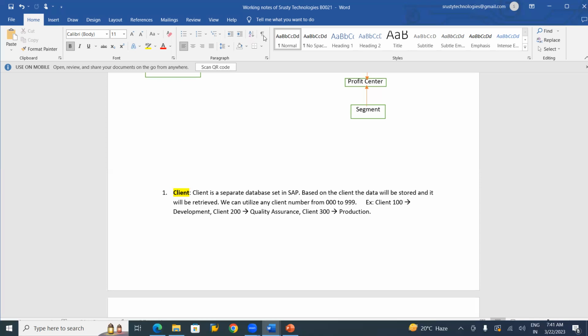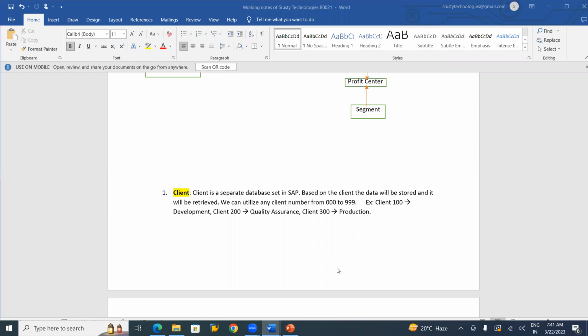Client 200 for quality. Client 300 for production. I'm just taking examples; in real time, that could be anything, right? In one particular server, you will not have only one client, you may have a number of clients.